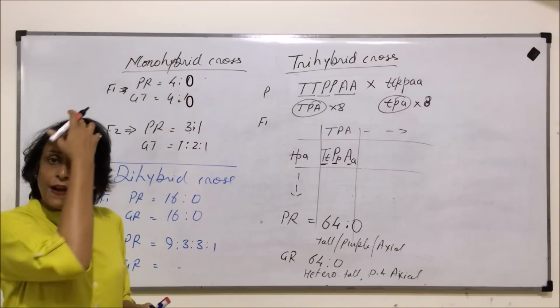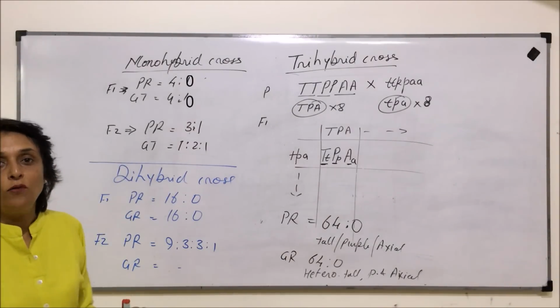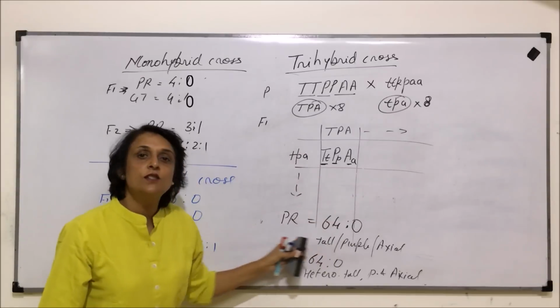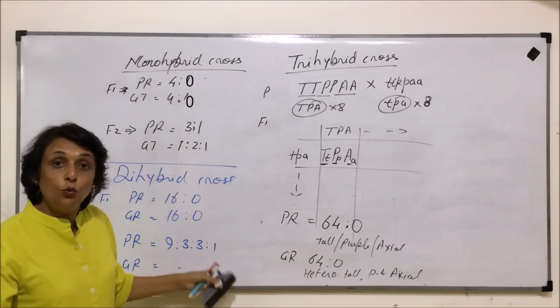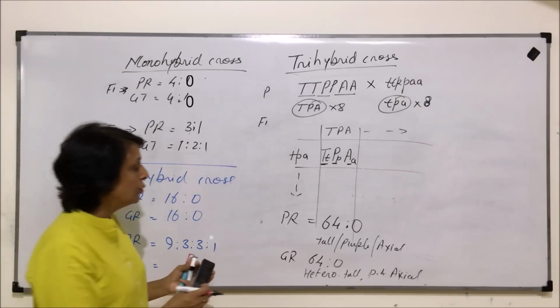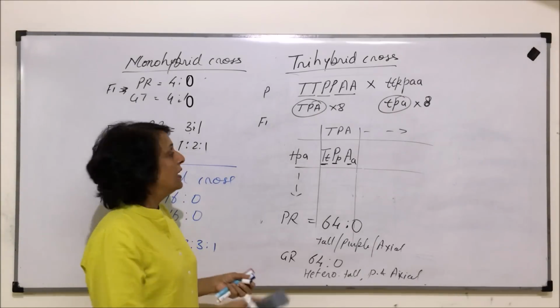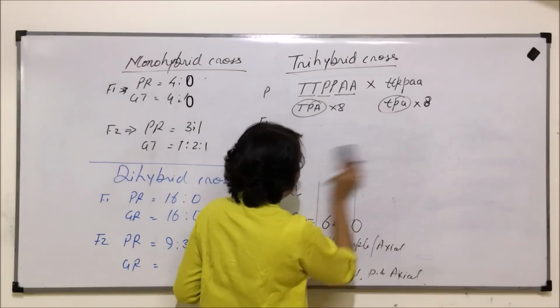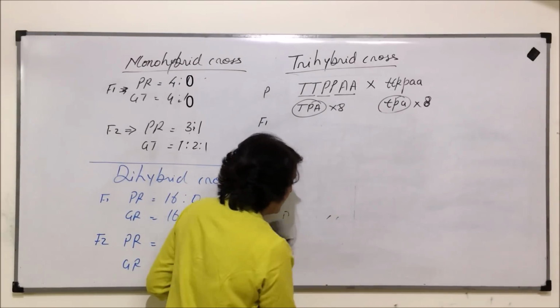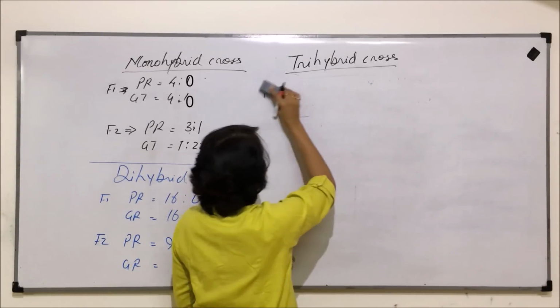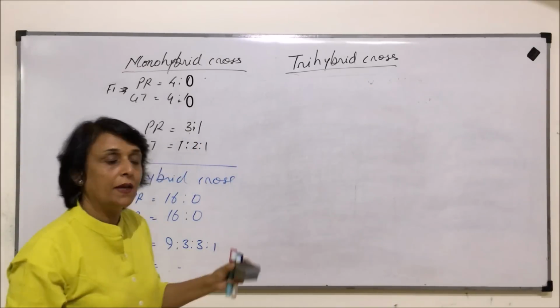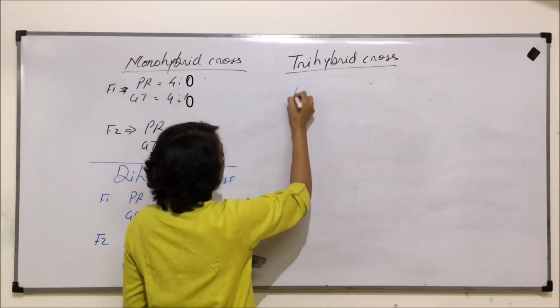Now, if we have to find out the genotype of all these 64 offsprings in F2 or phenotype in F2, again, that is going to be a time-consuming process. But we will find out what type of gametes would be produced in F2 or offsprings so that calculation becomes easy.